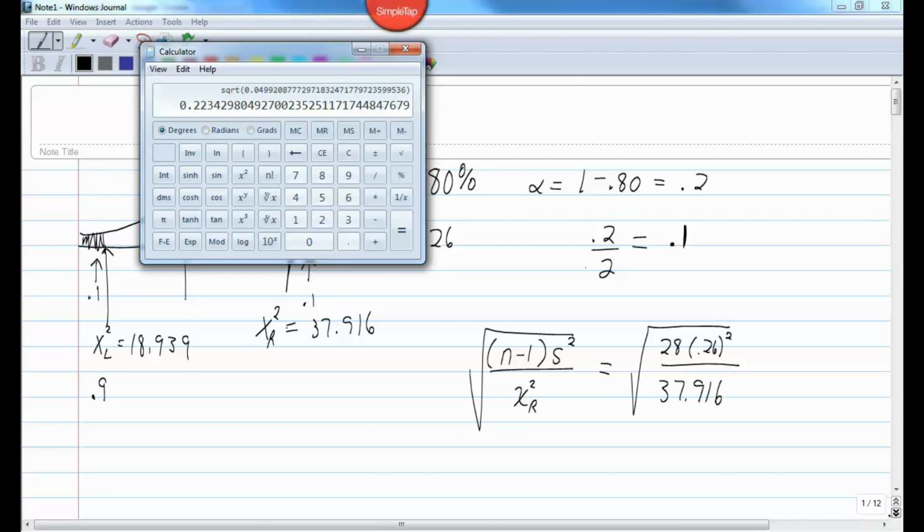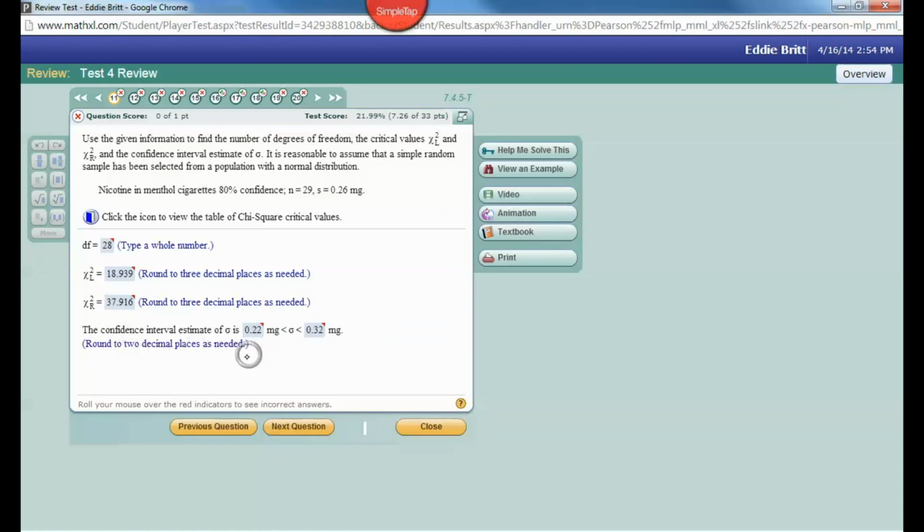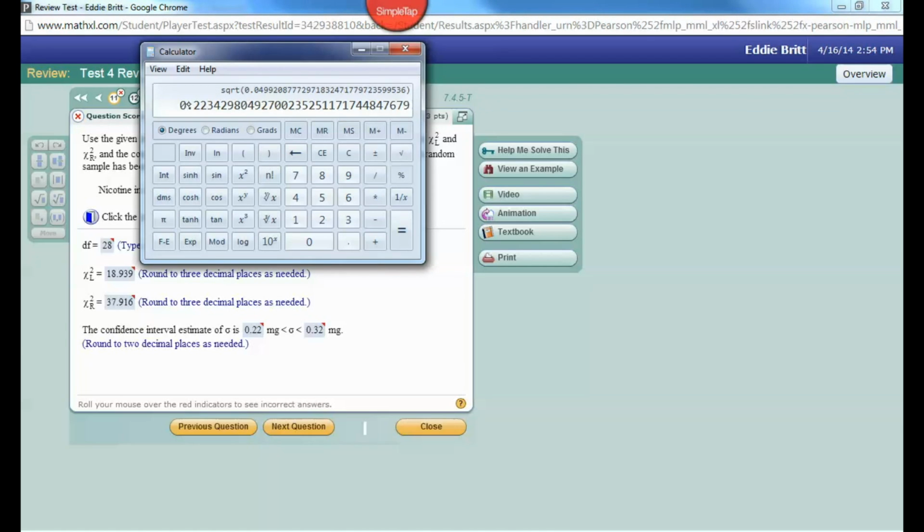I'm going to say probably 2 or 3 places would be fine here. Since I was given a sample standard deviation with 2 decimal places, I'm thinking 2 decimal places is probably best, but let's look back at the problem. It probably tells us what to round. Round to 2 decimal places. So on our calculator, that's going to be 0.22. It's the smaller, or left, endpoint of the interval.